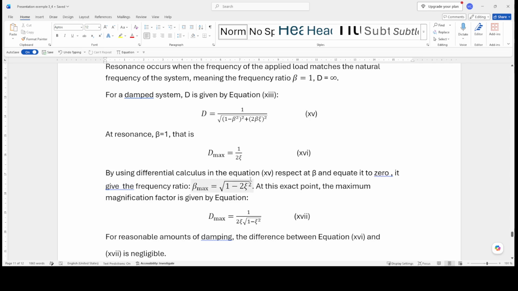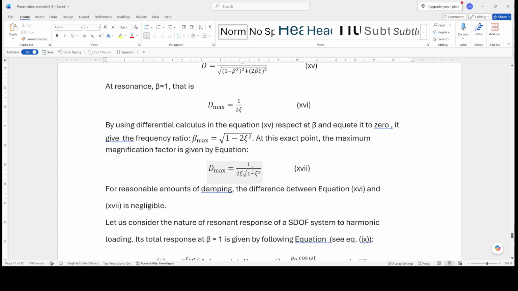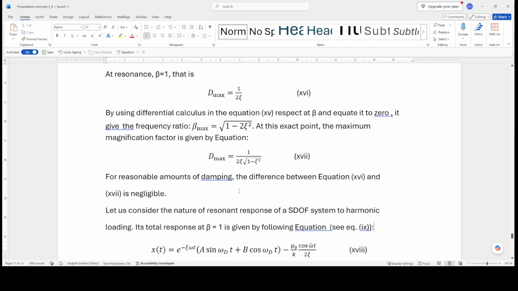Using differential calculus on this equation with respect to beta and equating the derivative to 0, the magnification factor gives the frequency ratio beta max equal to the square root of 1 minus 2 xi squared, so D max becomes this equation. For a reasonable amount of damping, the difference between equations 16 and 17 is negligible.